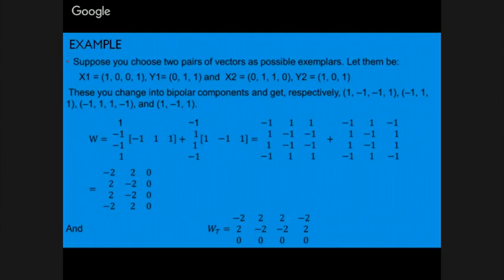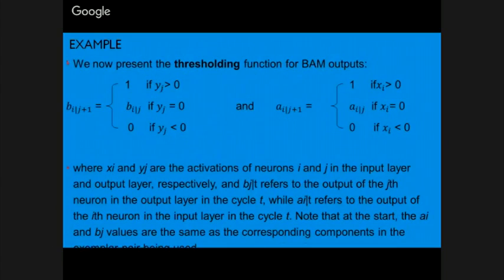Once we have found out the weight matrices, the next step is to choose the thresholding function, because the weight matrices will help us in finding out the activation of each neuron, and from the activation we have to find out the output of the neuron, which will be found by applying the thresholding function.